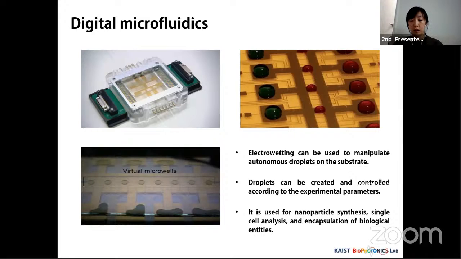This makes it possible to create a droplet by parameter and move them in the desired direction. In addition, it can be used as an important tool in the field of drug delivery and biosensing.